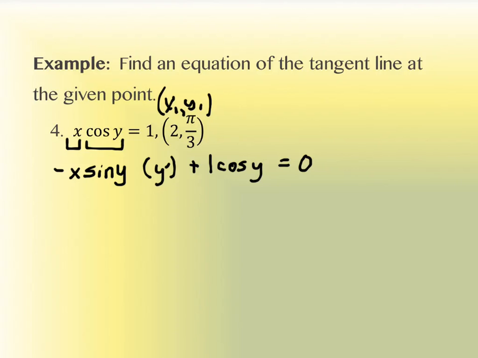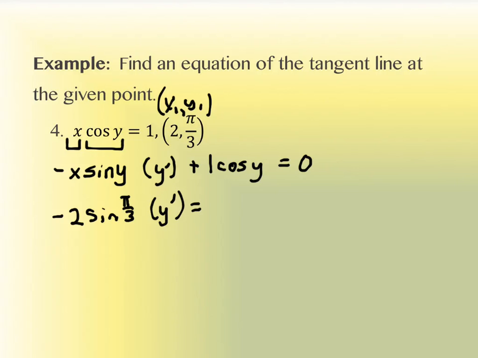This isn't bad, and to be honest, we have all the pieces that we need. We don't have to simplify this. We don't have to solve it for y prime directly. We don't really care what y prime equals. We care what y prime equals at this x, y coordinate. So I'm going to put those x and y in. So x is 2, so this is negative 2 sine of pi over 3 times y prime, which is what we're looking for.